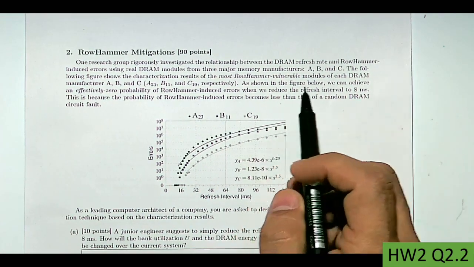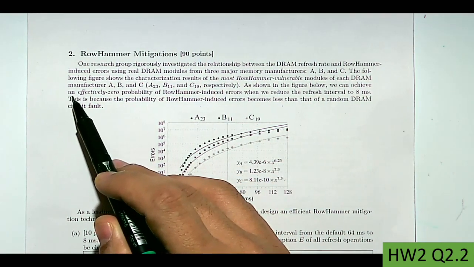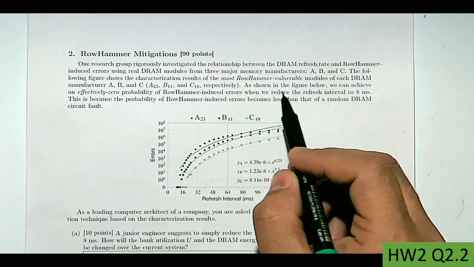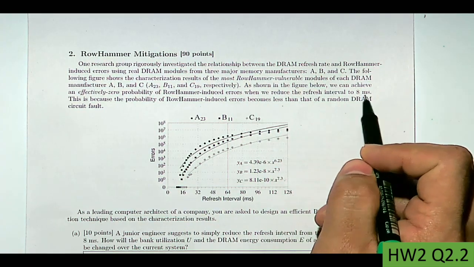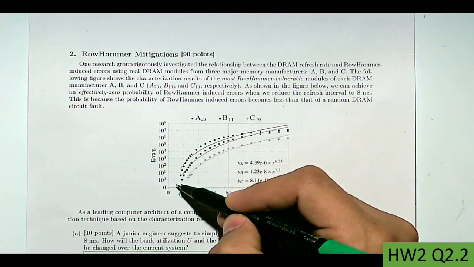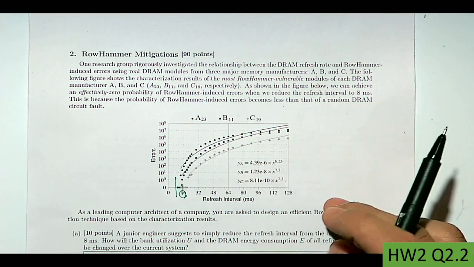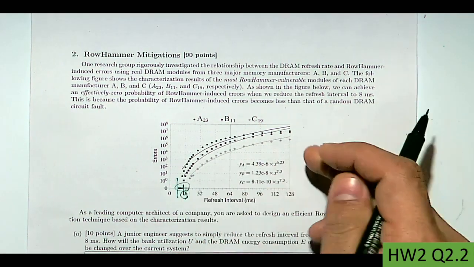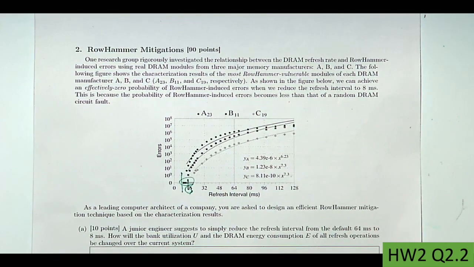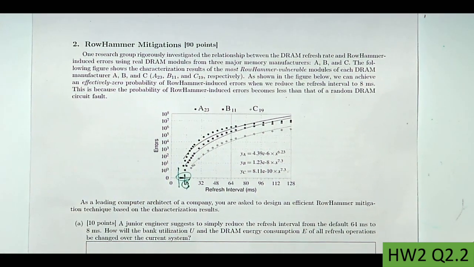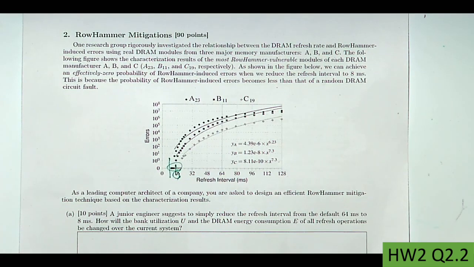And as shown in this figure, we can achieve an effectively zero probability of RowHammer-induced errors when we reduce the refresh interval to 8 milliseconds. Here is 16 milliseconds, and before we reduce the refresh interval to 8 milliseconds, the errors of all modules are close to 0. This is because the probability of a RowHammer-induced error becomes less than that of a random DRAM circuit fault.